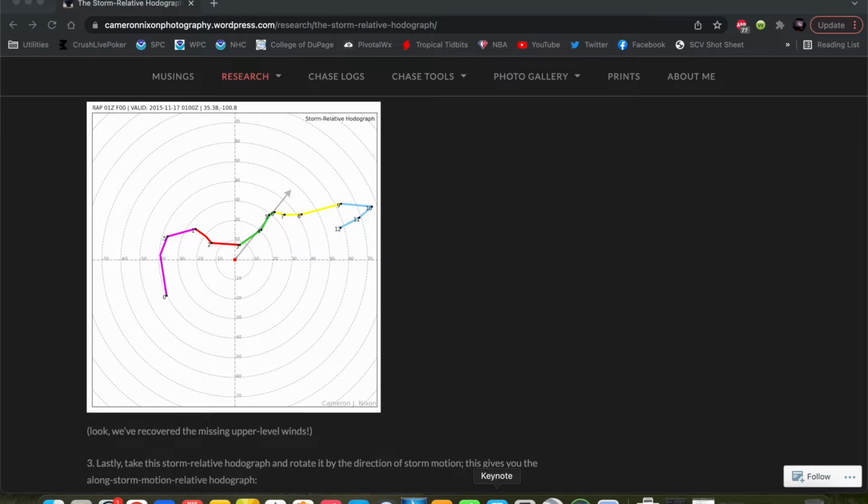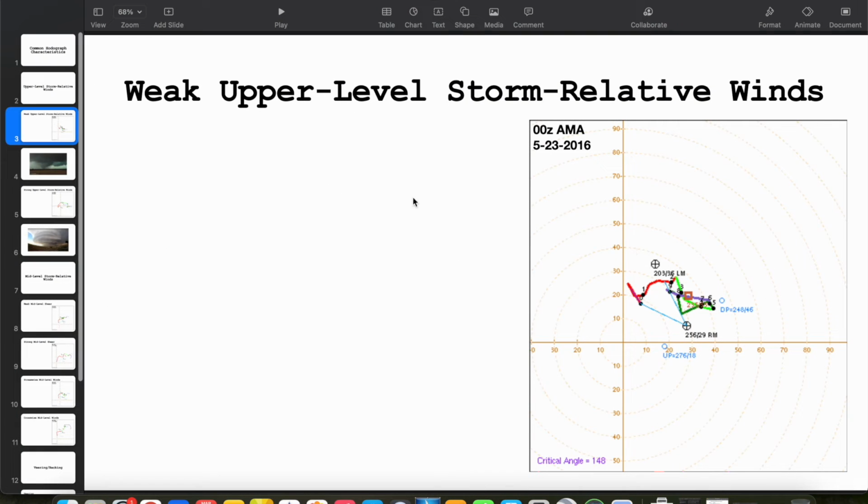That's an excellent technique for analysis. It can be a little bit difficult to do when you're just making a forecast and have hodographs that you're looking at online. So it can take a little bit of practice, but we want to be looking at this hodograph in a storm relative sense, basing everything off of this Bunkers right mover storm motion.